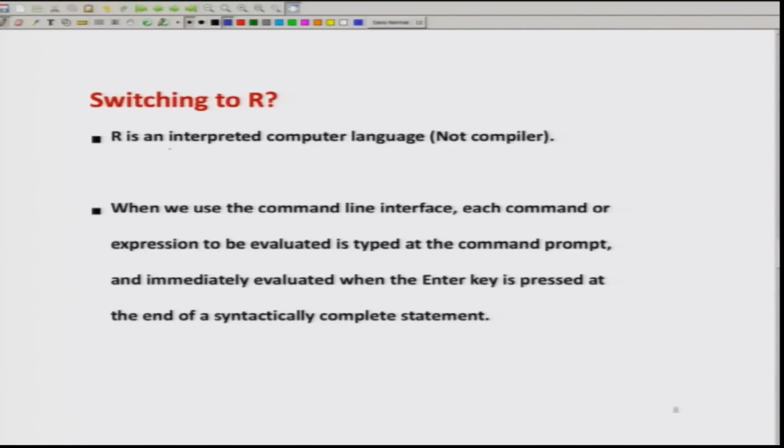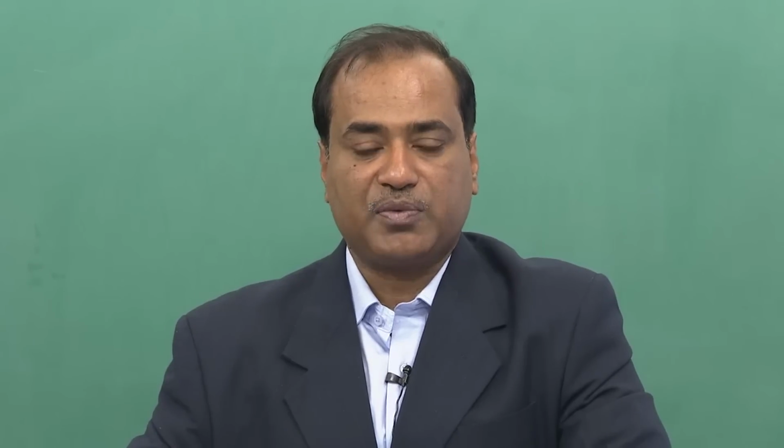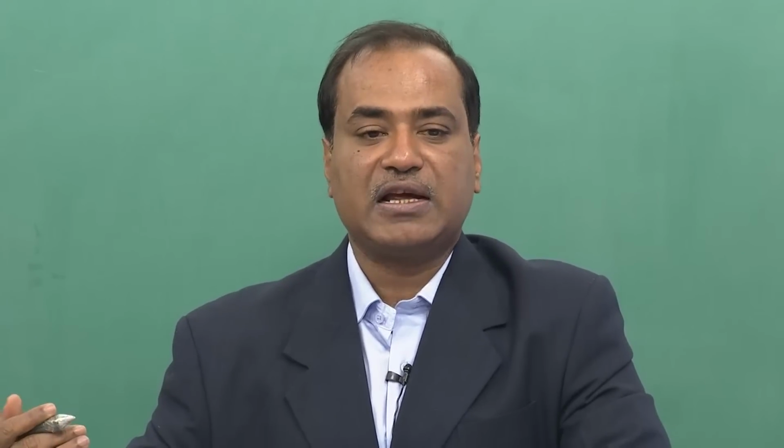The next aspect of R is that R has an interpreter and it is not actually a compiler. What is the difference between an interpreter and a compiler? Whenever we write a program, it is simply a set of commands which are executed together.